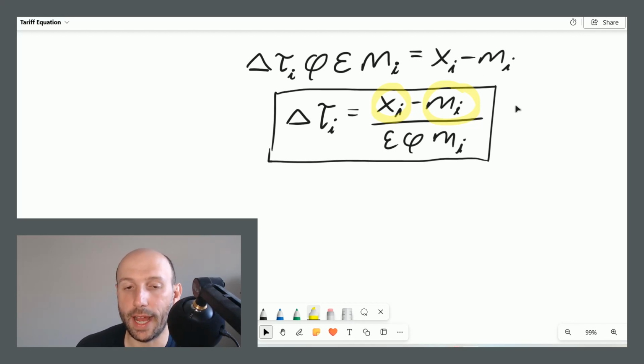So, how does one take all of these different mechanisms and take the combined effect of all of these mechanisms, both the tariffs and the non-tariffs?